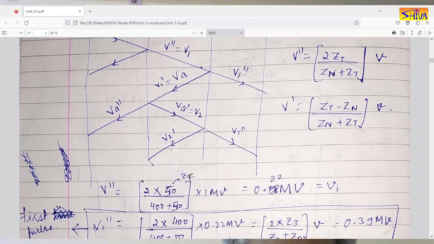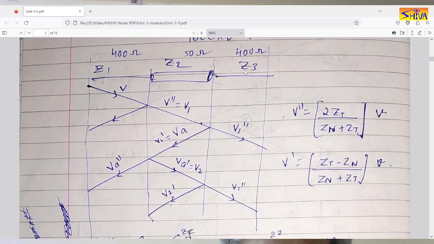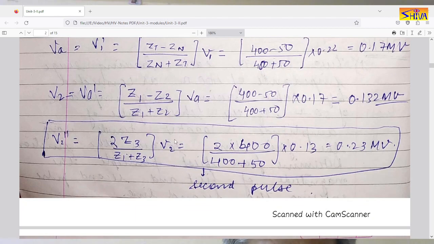At this point there will be reflection and transmission. So we have to compute V2 double dash. For this, this will be the formula. Zt will be equal to Z3 and Zn will be equal to Z2. So it is 2 times Z3 divided by Z1 plus Z3 into V2. Substitute the values: 2 into 400 divided by 400 plus 50 multiplied by 0.13.